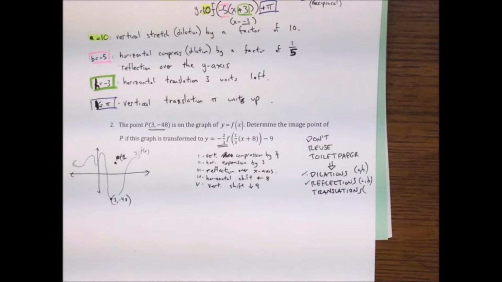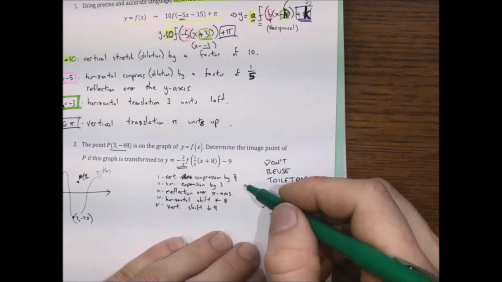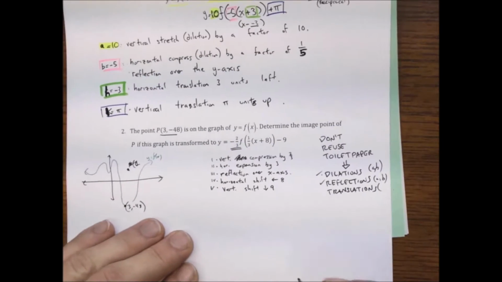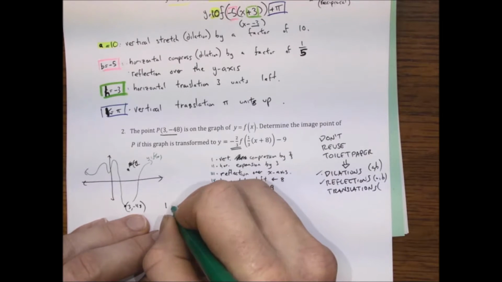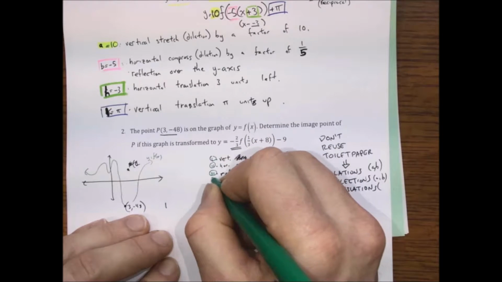And what's really important here is that I recognize what these guys do to a point. So maybe I'll circle them to differentiate them.